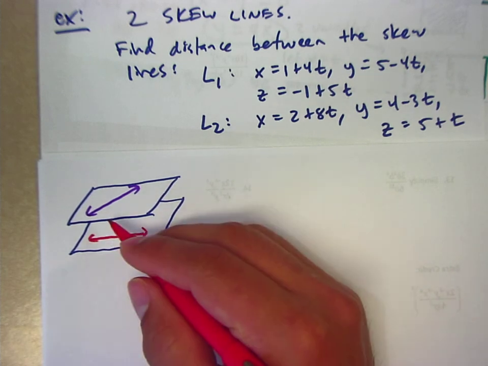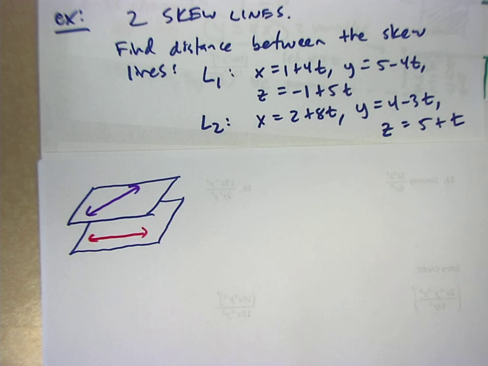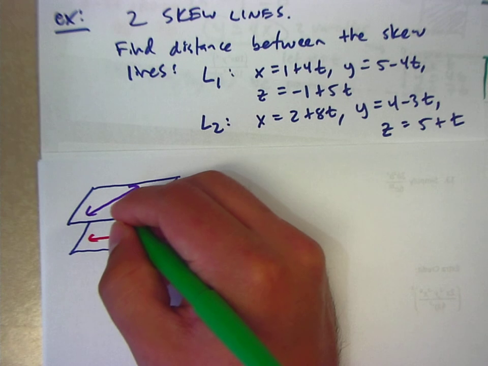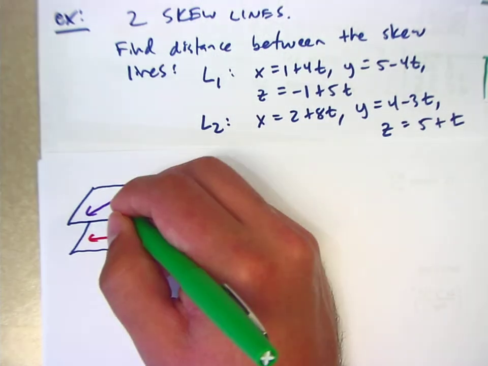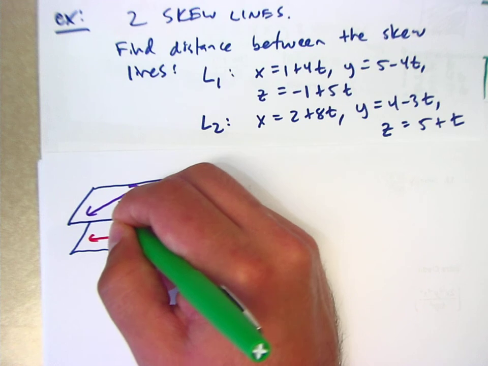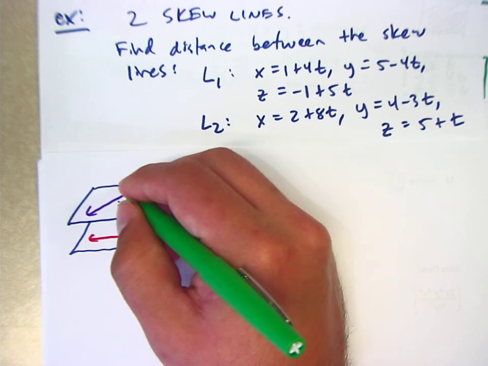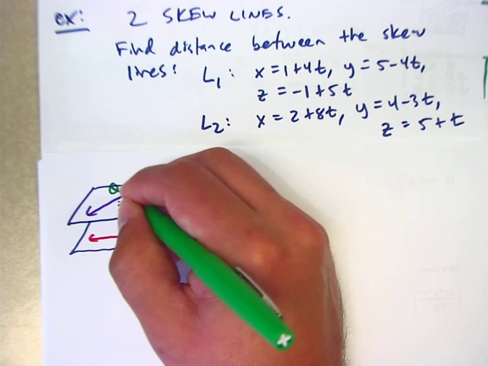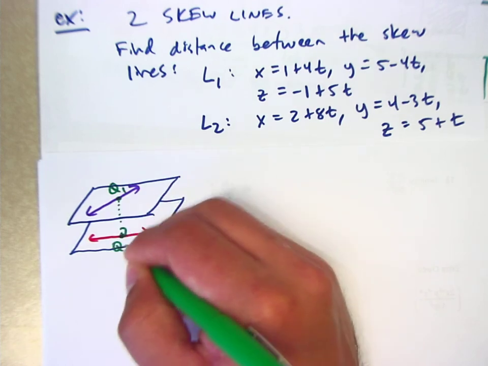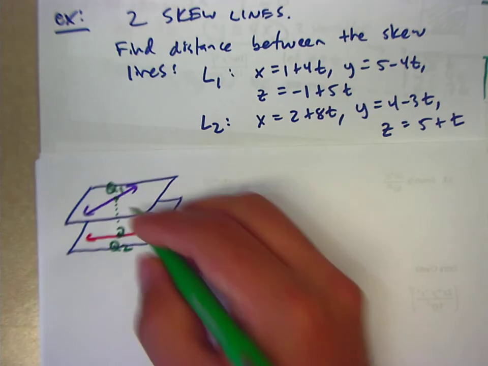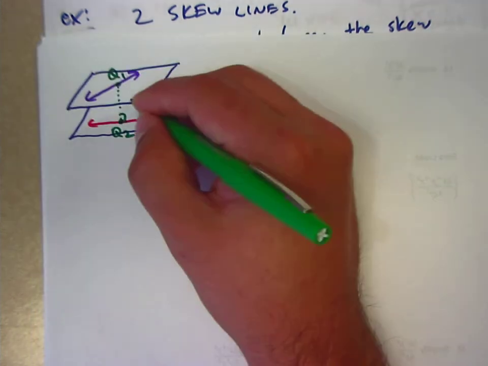They don't intersect because they're on parallel planes. And we're looking for the distance between these 2 lines, basically. So pick a point here, go straight down. Let me call this point Q1, and let me call this point Q2. Okay? And so here's the distance that we're trying to determine.